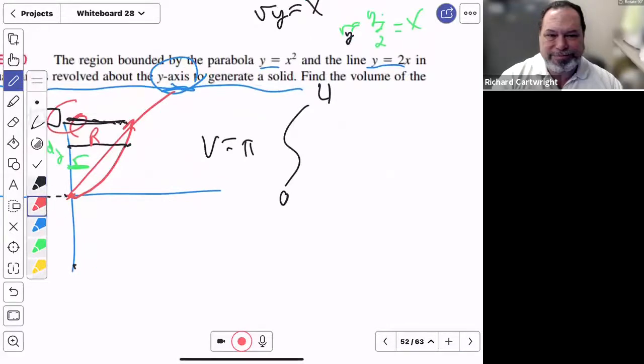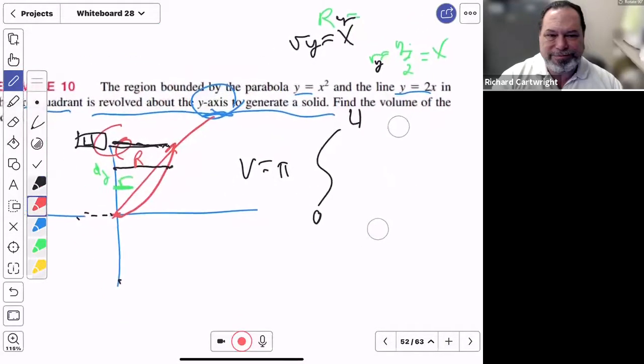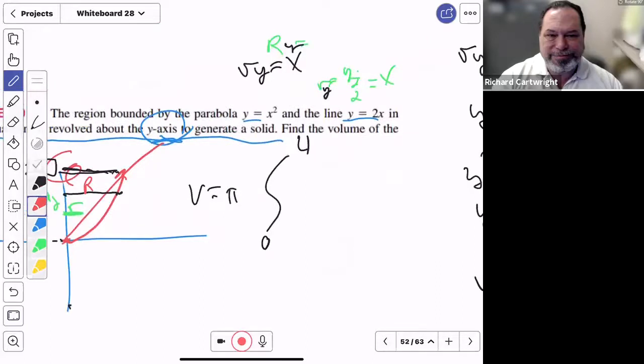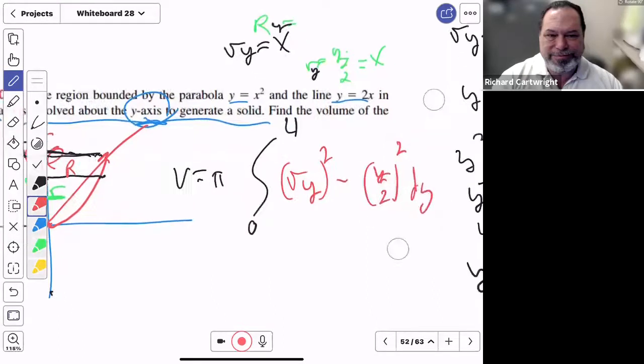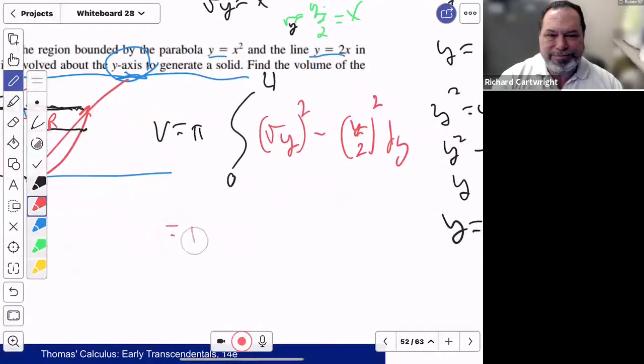Big R squared, big R came from the parabola. So that would be square root of y, squared, minus small r, which was y over 2, so y over 2 squared, dy. Pi, 0 to 4. Square that is y.